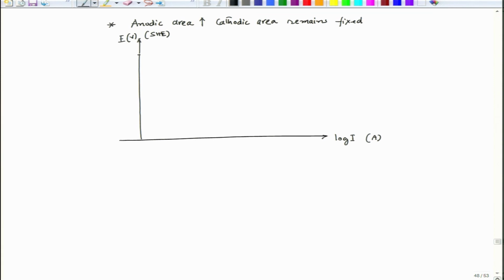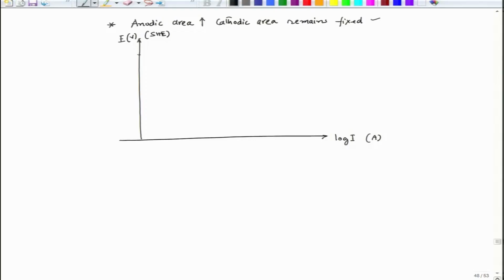If we consider that couple with its cathodic and anodic areas dipped in an acid, where the hydrogen evolution reaction is my cathodic reaction, that would happen on both anodic and cathodic surfaces. So, this is E equilibrium of, let us say, zinc, and this potential is decided by the pH of the solution.